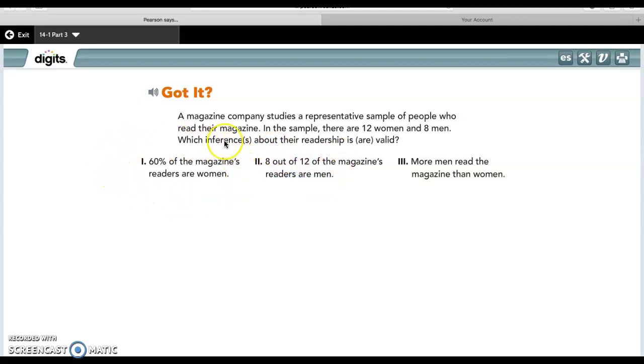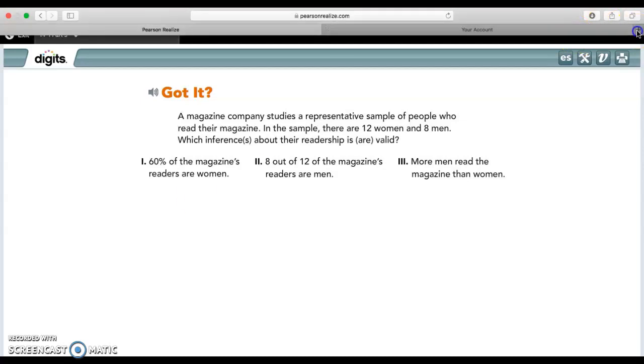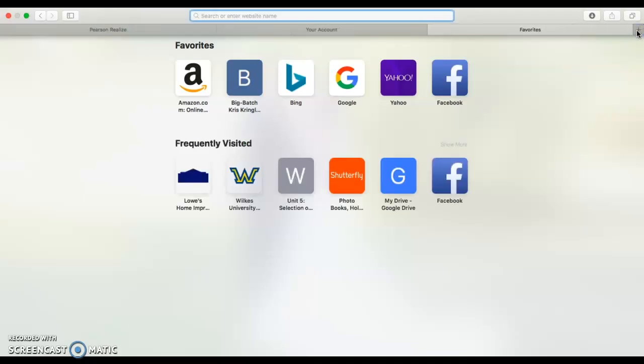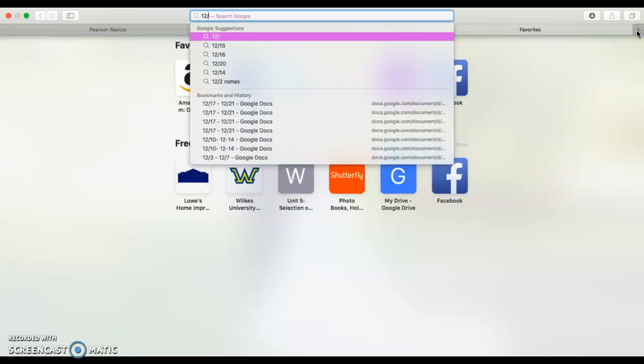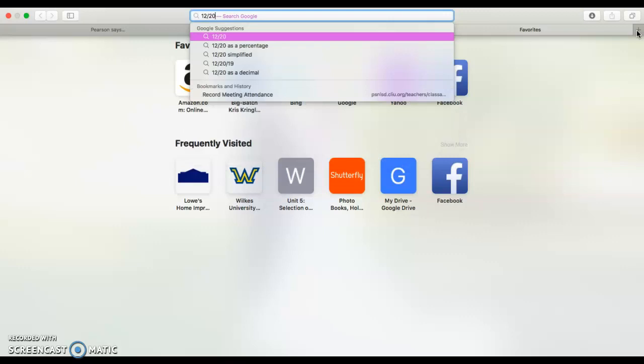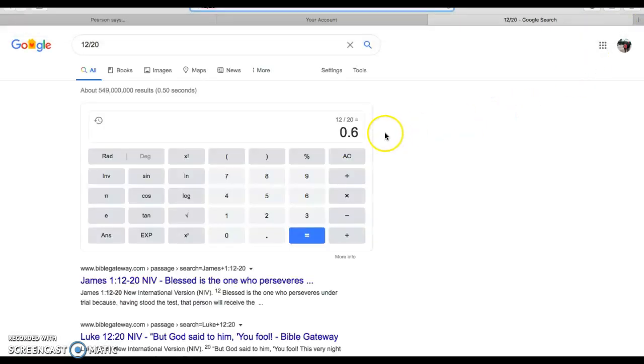Last option here is 60% of the magazine's readers are women. Well, if we do some math here and we think about this, if we have 12 women, and again, a total of 20 people that read that, let's see if we can change that to a percentage. We would take 12 divided by 20, and we do get 0.6, which you all know is 60%.